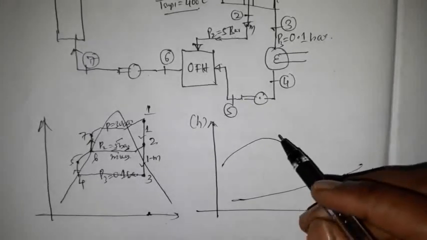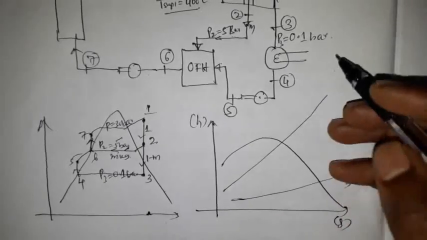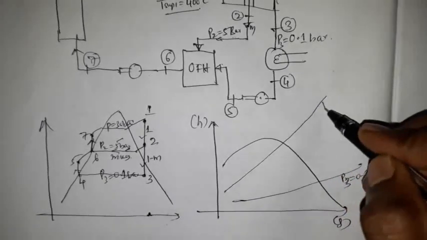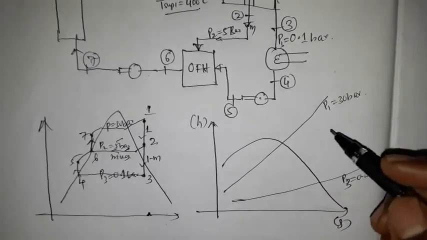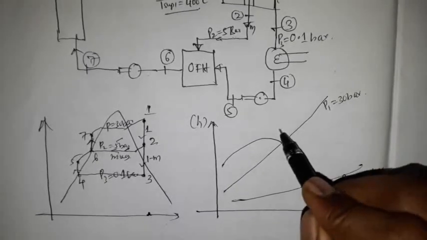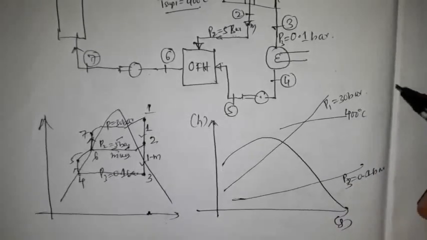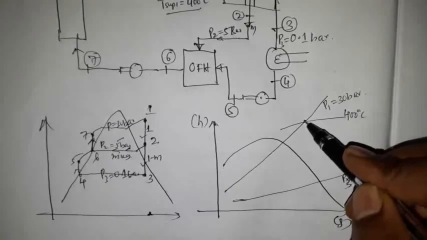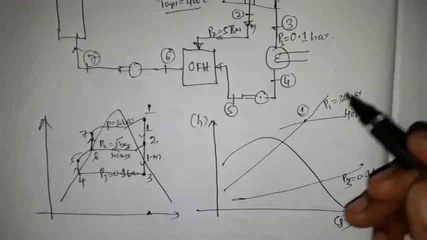We can identify one more pressure line, that is P1 equal to 30 bar, on the Mollier chart, and we have a constant temperature line of 400 degrees Celsius. Wherever both the lines intersect, we can fix this as state 1.